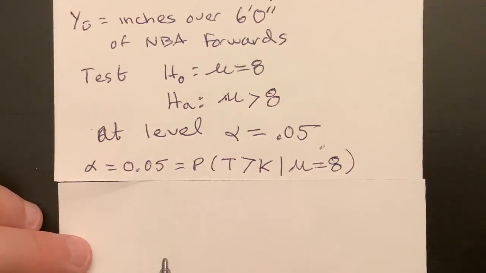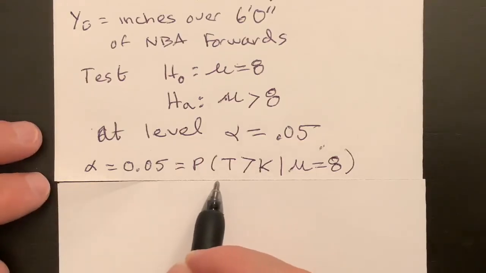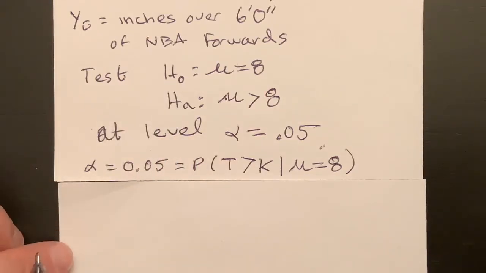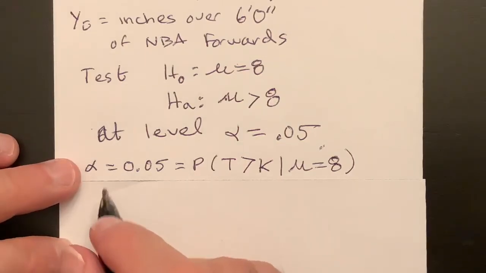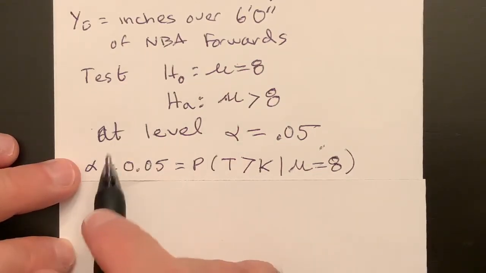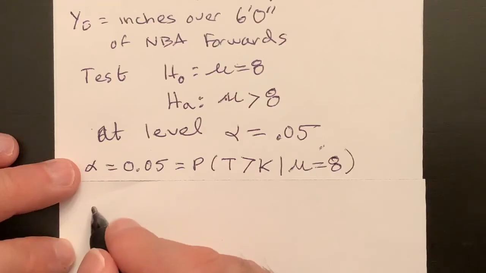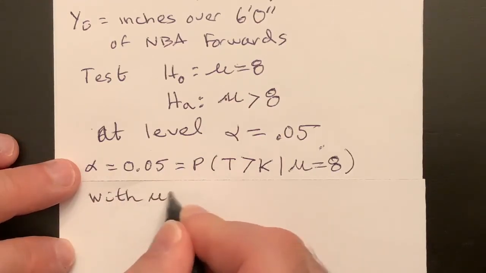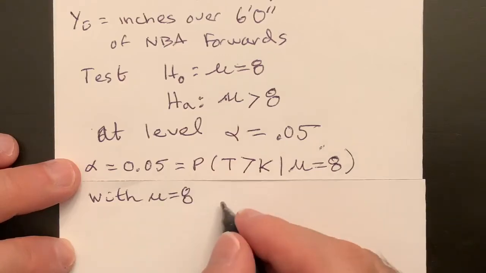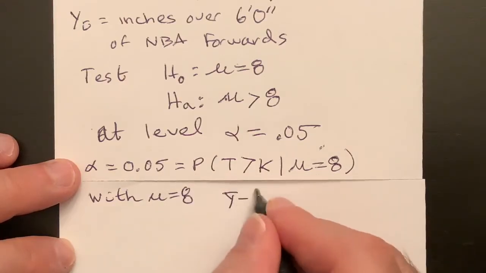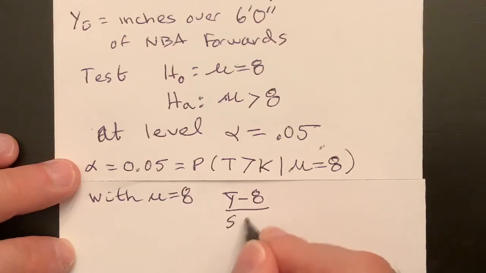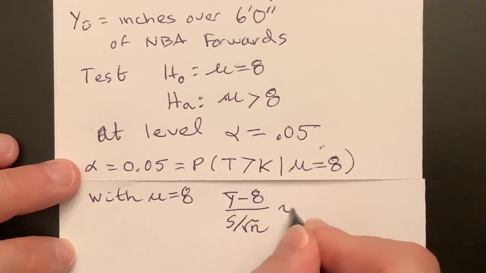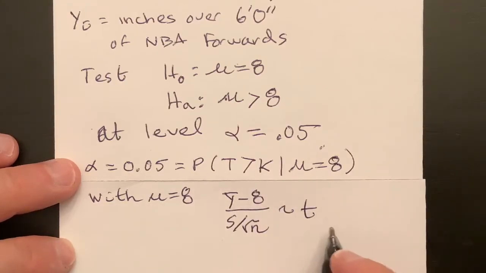Okay. Well, if mu is 8, then with mu equal to 8, (y bar minus 8) over (s over root n) is t with n minus 1 degrees of freedom.